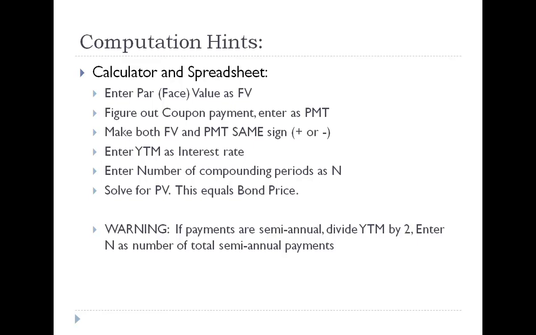You divide the yield, or the rate that you're using to calculate the present values, by half, and you'll make sure that the number of time periods matches the number of interest payments. So just go through methodically and make sure that you've adjusted everything for 2 payments per year, and then that will give you the price of a bond that pays semi-annual interest.